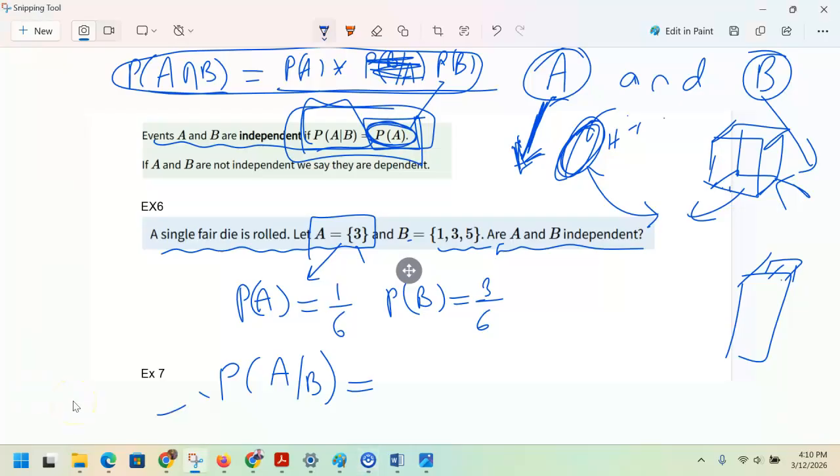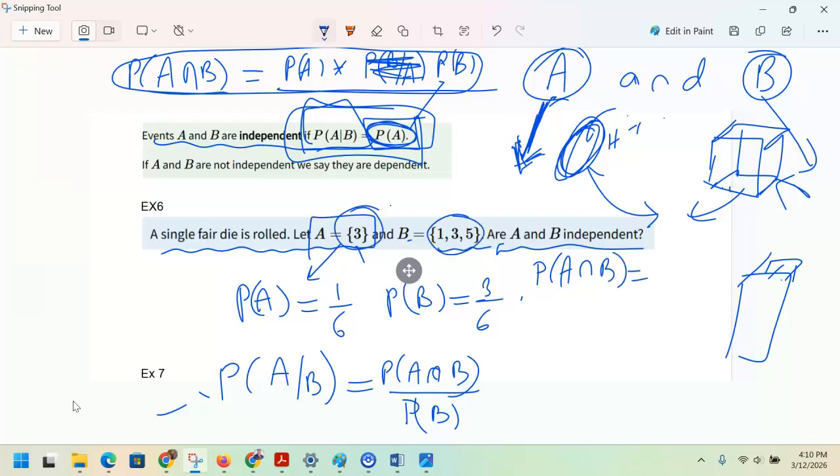To find this out, because this formula is probability of A and B divided by probability of B, we need to know the numerator, which is probability of A and B. So how many are there in A and B? It means what is common to both, and what is common is the 3, right? So A and B is only one, a single piece. So it is 1 out of 6.